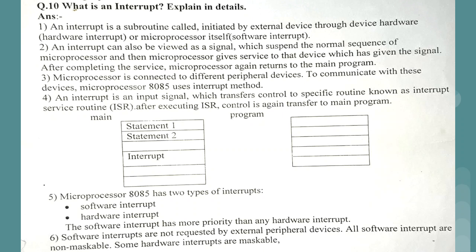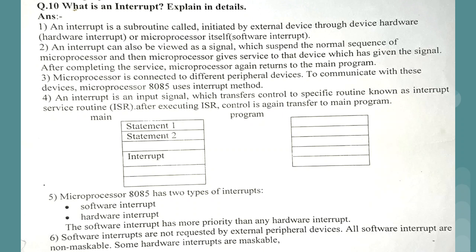First the main program gets executed. When we reach the interrupt control line, the execution will jump to the program section, and once that execution is completed, we move back to the main function. So that is what they have given.